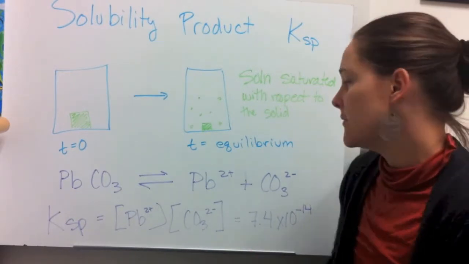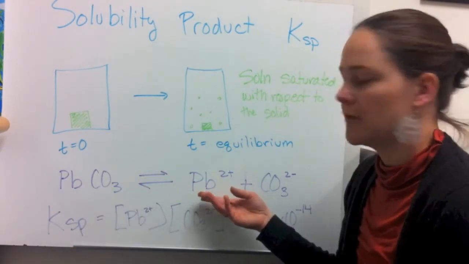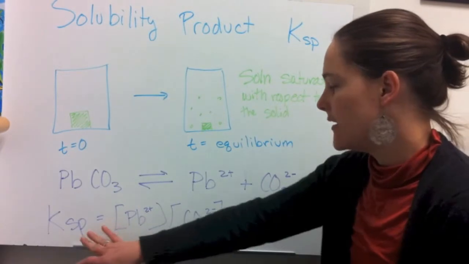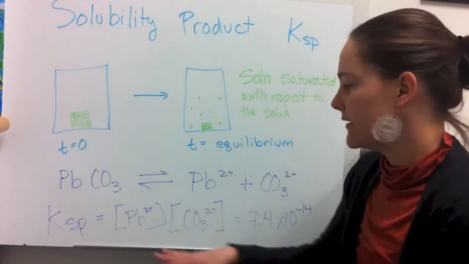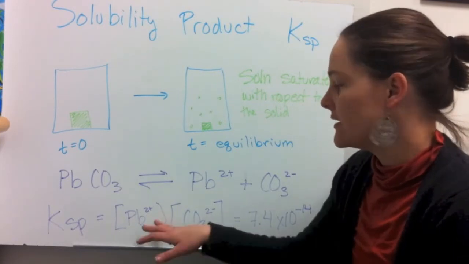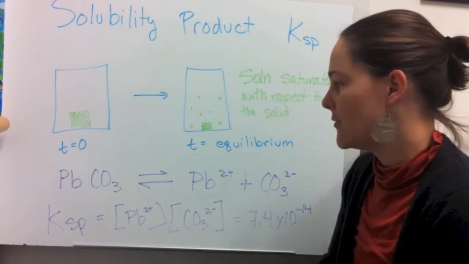So let's talk maybe about lead carbonate. Lead carbonate is a solid that's going to dissolve to form lead 2+ and carbonate oxyanion in solution. And the KSP for that is basically the equilibrium constant, which is the concentration of lead times the concentration of carbonate.